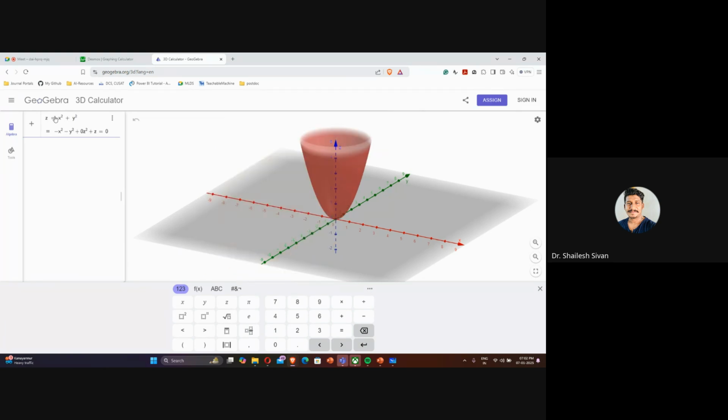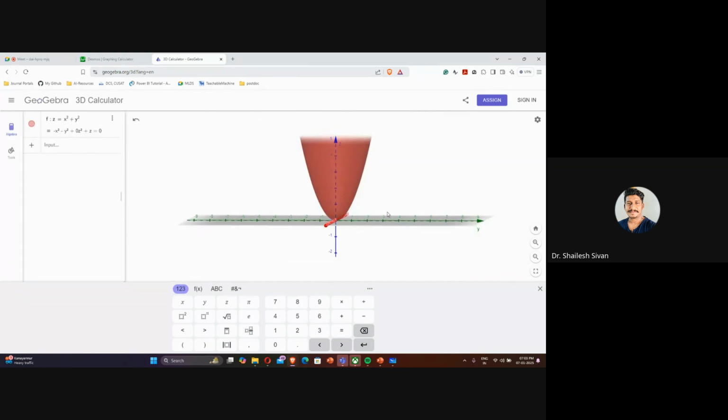From the origin to the point 1, the value is changing by 1. From 0 to 2, the value is changing by 4, right? Is it clear?